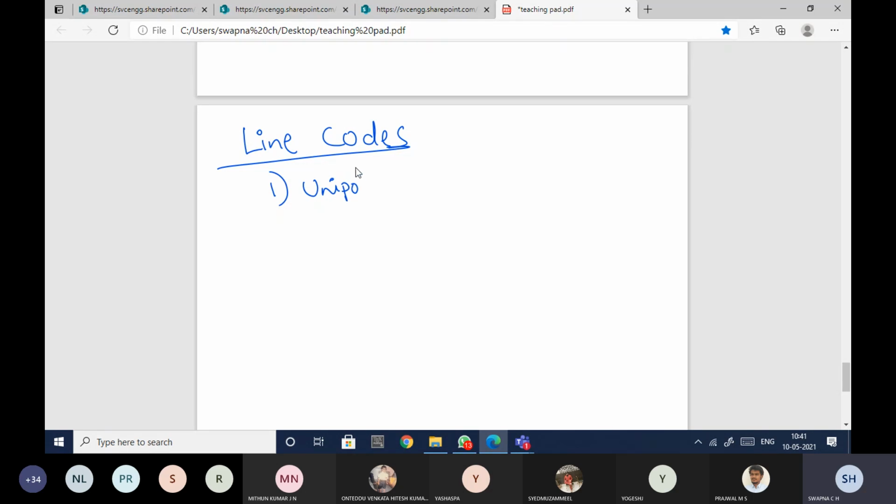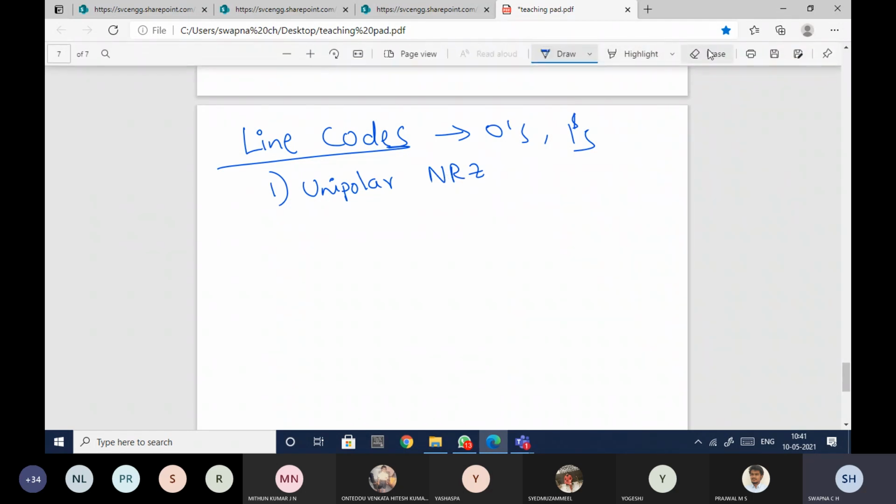Here we are going to represent zeros and ones in different formats. Those formats are unipolar NRZ, NRZ meaning non-return to zero. Once again, let me write: non-return to zero, this is said to be NRZ.